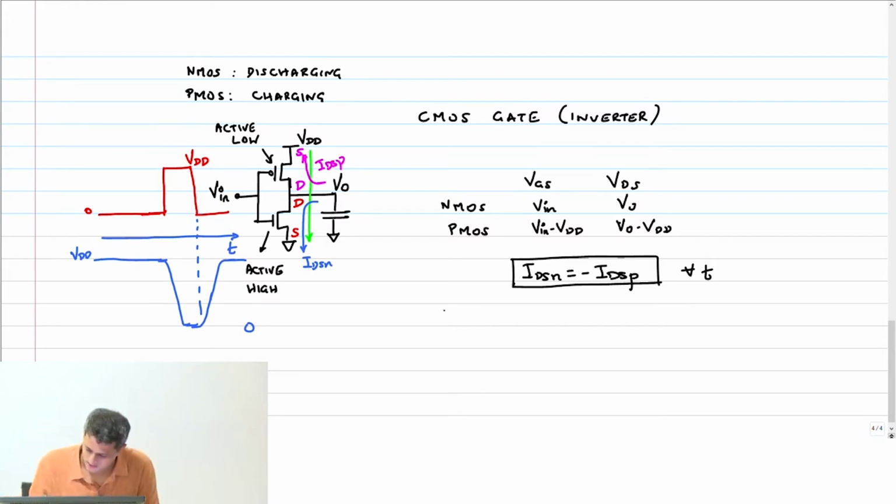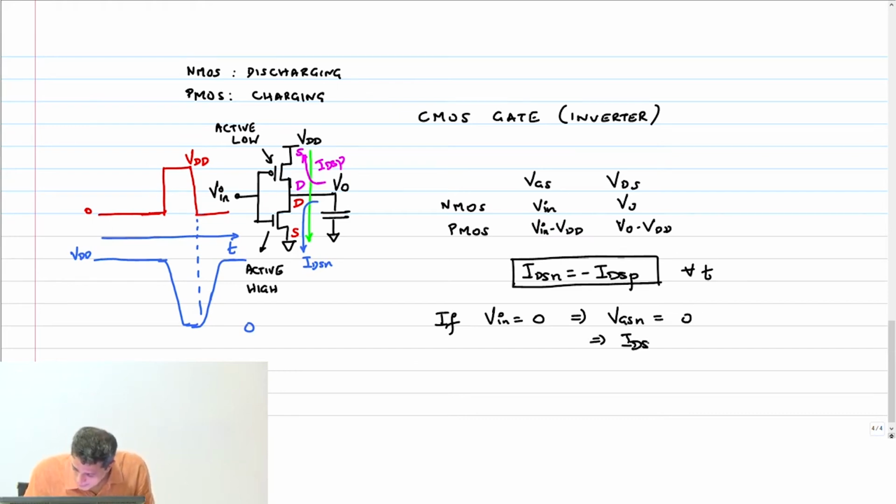So let us look at that. Suppose V in equals 0, this implies VGSN is how much? VGSN is 0. This implies IDSN equals 0 because it is less than VT.